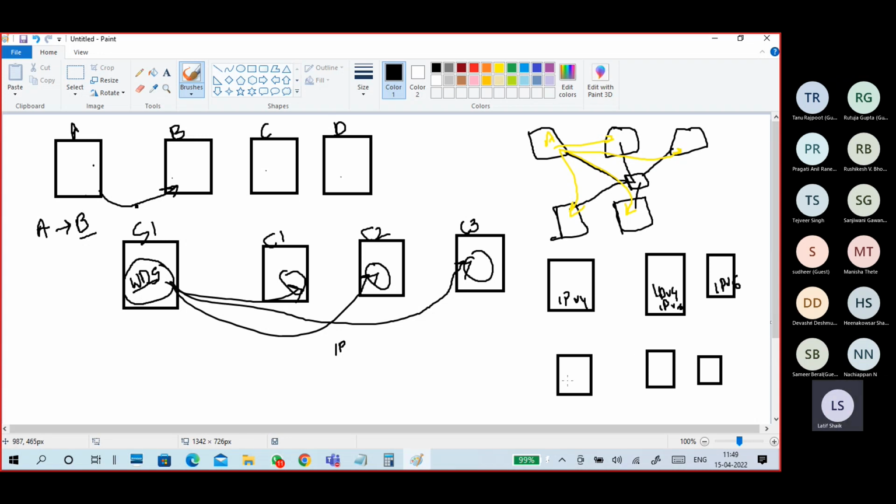So this is IPv4 only, and this is IPv4 and IPv6. This is also IPv6. So what happened? For example, anycast means, for example, it is PC B, A, C, D, E.